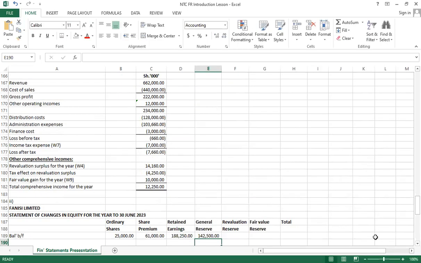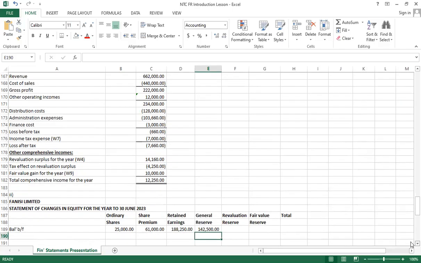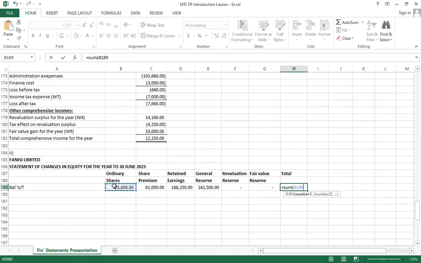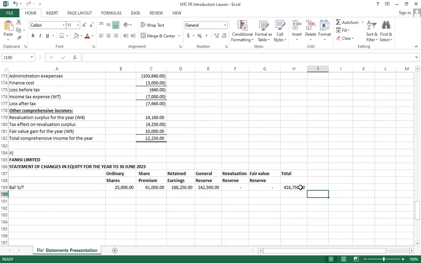We did not have the other two in the trial balance, so the brought forward is 0, and the other one is also 0. We can then get the total column as the sum row-wise of all that. And that comes to 416,750.